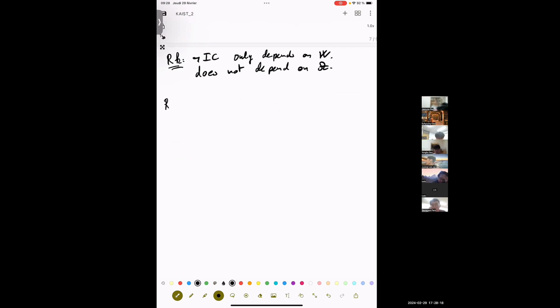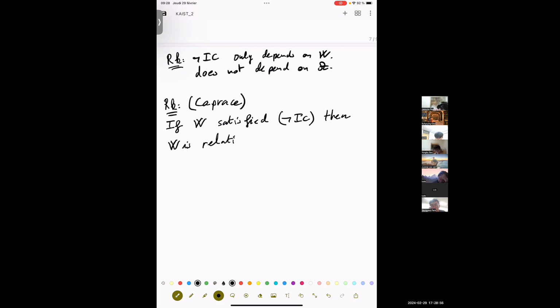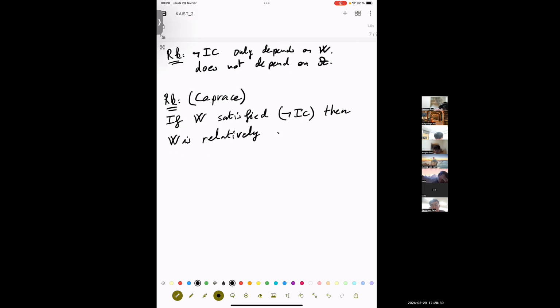Another remark, a group that satisfies no IC is a special kind of Coxeter group. So it's a theorem of Caprace, or it's a consequence of a theorem of Caprace. Caprace's theorem is more general than that. If your Coxeter group satisfies no IC, then it's a special kind of Coxeter group. So it has some Gromov hyperbolicity. It's not Gromov hyperbolic, but it's relatively Gromov hyperbolic.